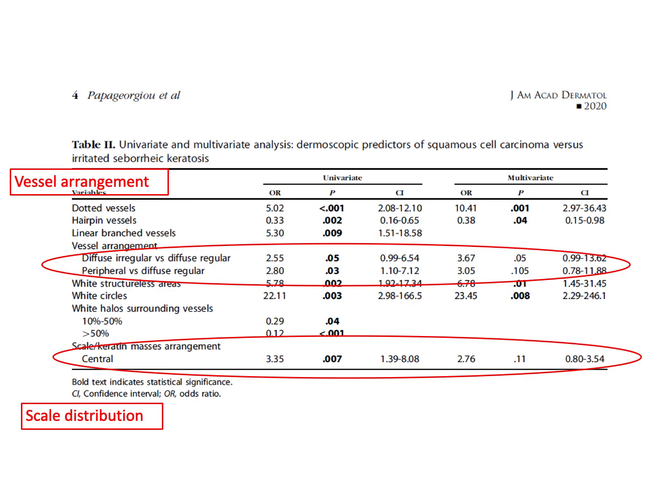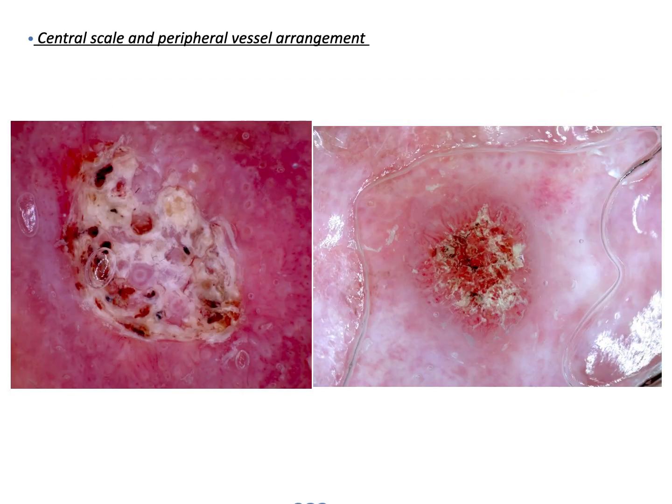In contrast, vessels in SCCs tend to be distributed either peripherally or in a diffuse irregular way, while scales are usually distributed in the center. For example, in this SCC on the left, we see the central scale, a few dotted vessels at the periphery of the lesion, and multiple white circles. On the right, although we see hairpin vessels, they are distributed peripherally along with the central scale.